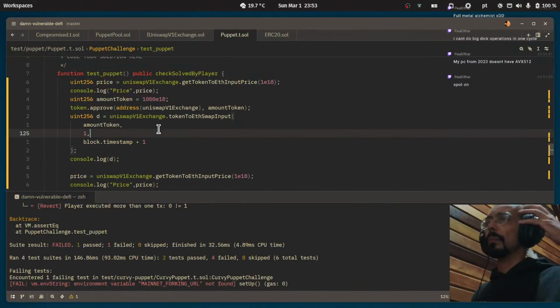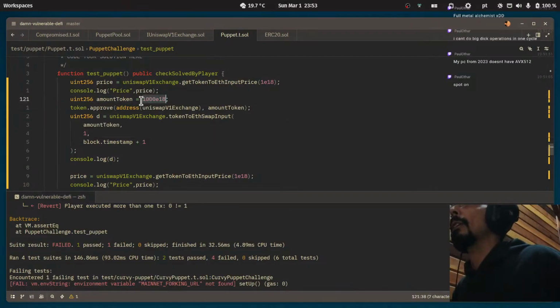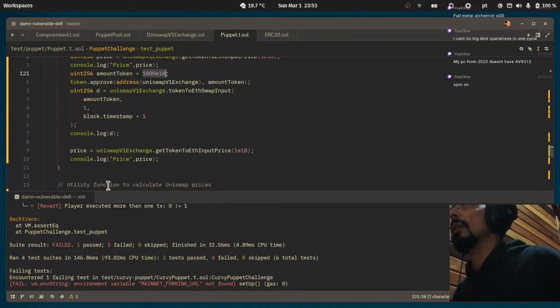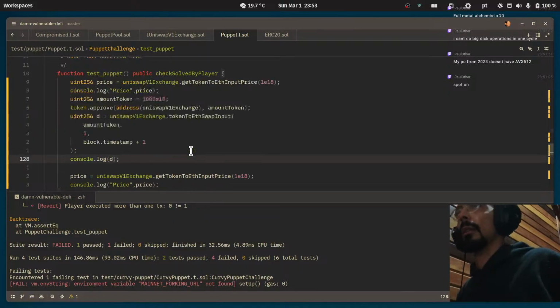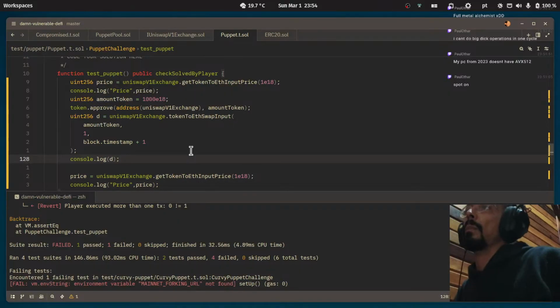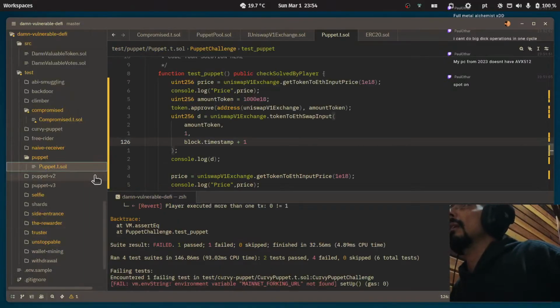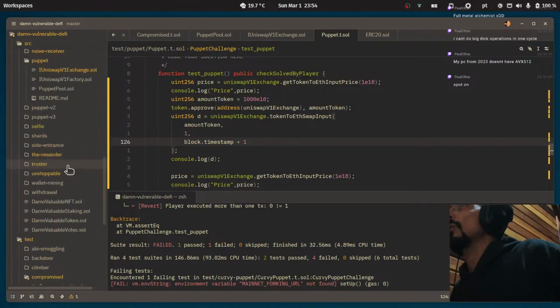So the thing is, we put a lot of tokens there and took Ethereum, right? Now, can we make the price drop so much that we can drain all the exchange?